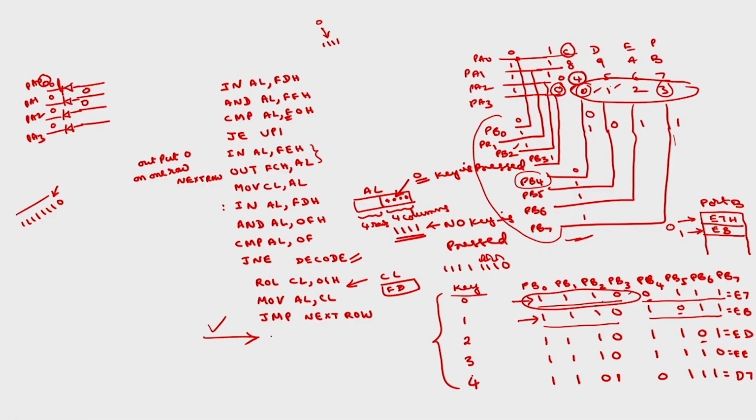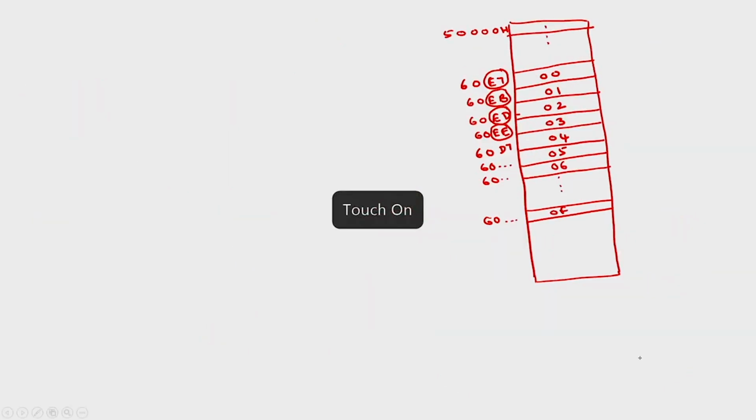What I will do is MOV AH, 0060, because I want to store this in locations of 60. This value is there in AL, and I am initializing AH so that AX will have this address, which I will take into some register.